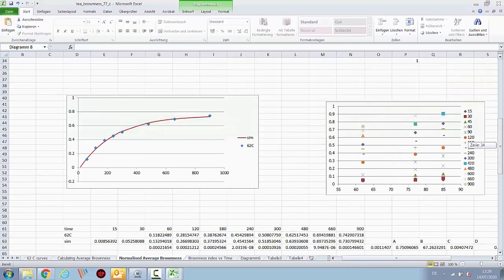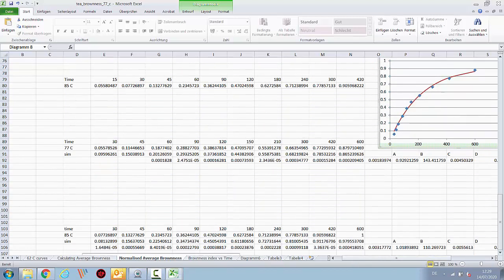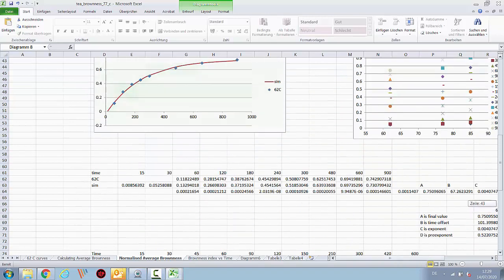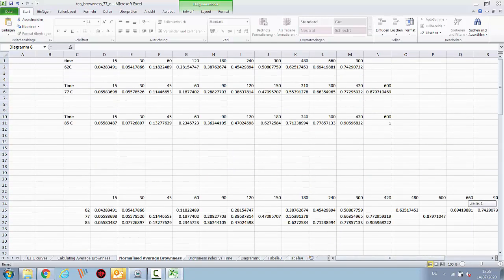Here is another one. So this is the 62 degrees. You can see that one fitting quite well. It's not a brilliant fit, but we know from other papers that it is what one would expect. So that's good, because otherwise it would be extremely dubious to do this.